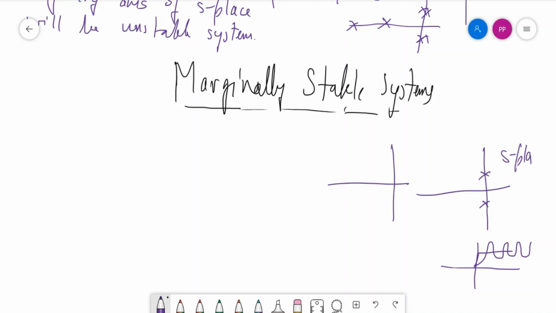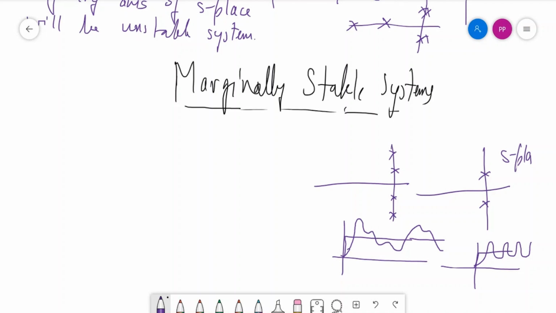If it is a combination, then the response will be different, and for a step input the response can have a different set of frequencies. So you can have a frequency like this, which will again be sustained oscillation, but with some different frequency.